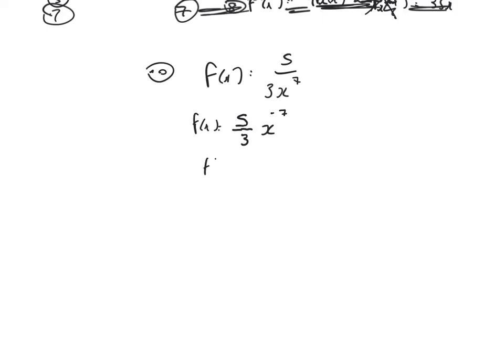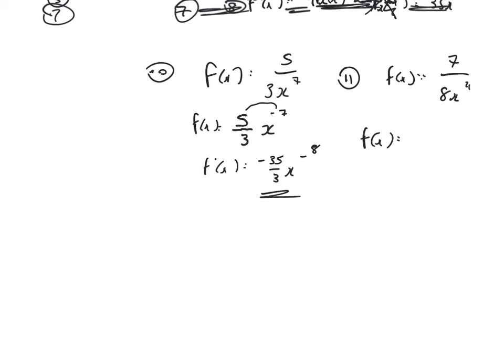I can then differentiate, bring the power down, multiply, take 1 away from the power. Minus 7 times 5/3, well it's going to be minus 35/3. 1 away from the power, x to the minus 8. Final answer.